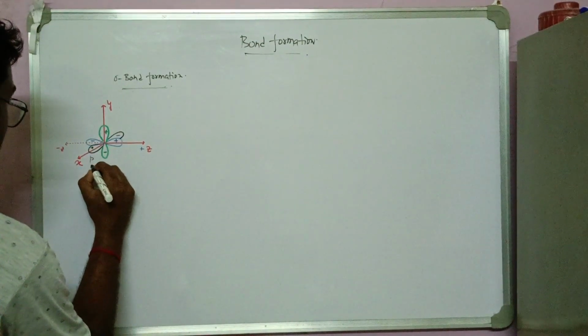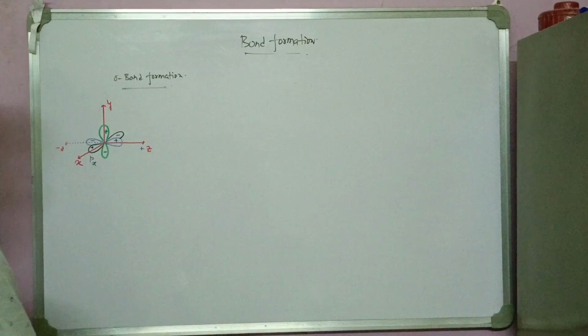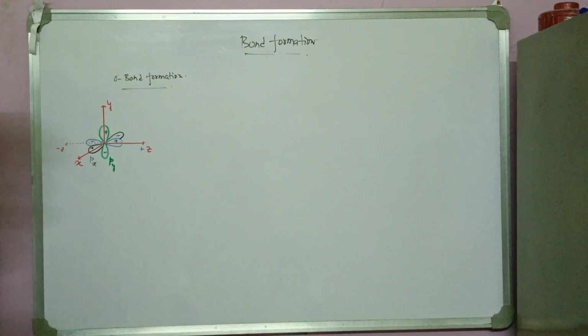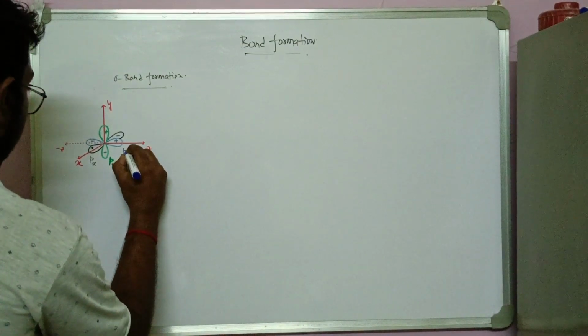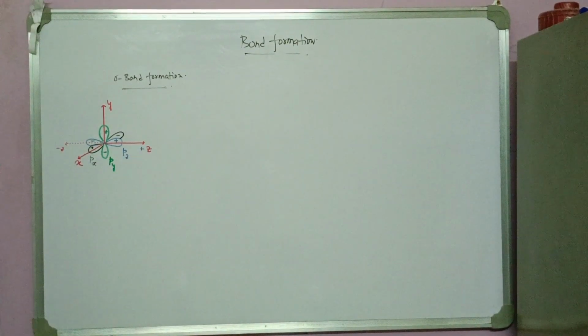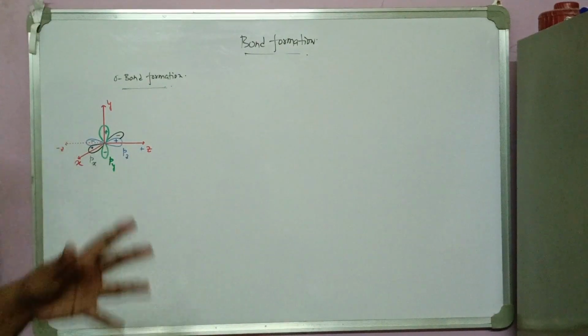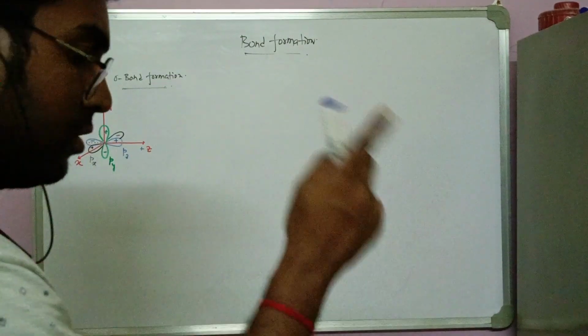The black one represents px, the green one represents py, and the blue one represents pz. We can see that the px, py and pz orbitals form 90-degree angles with each other, so they are mutually perpendicular.